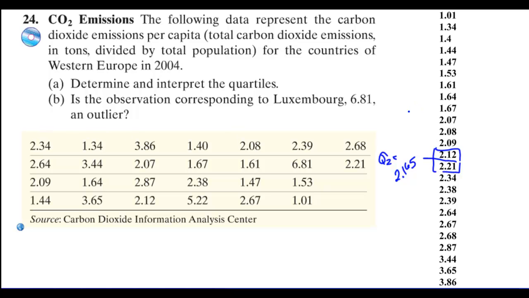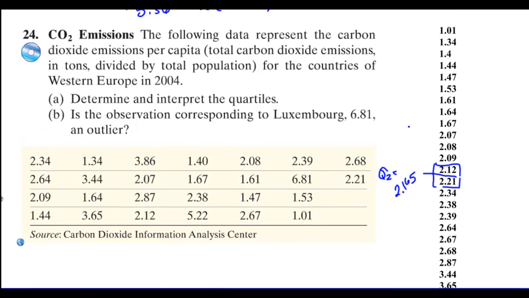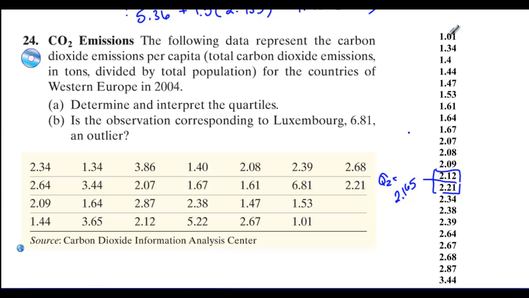Now we've split this data into two halves with 13 pieces of data each, top and bottom. For the 13 pieces of data on the bottom, looking for our Q1, we'll be going for the 7th data point. So this 1.61 is going to be our Q1.